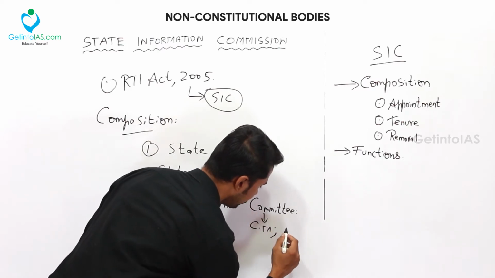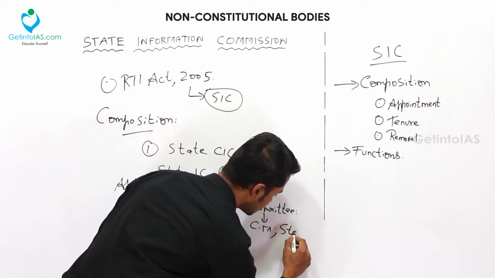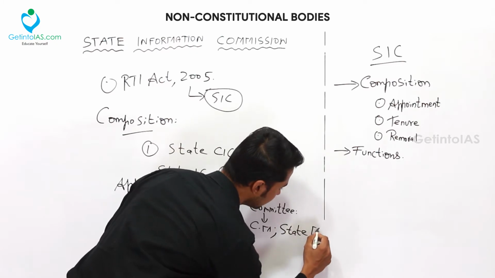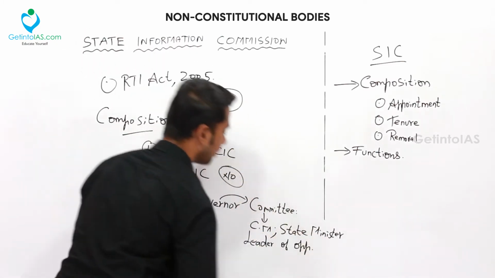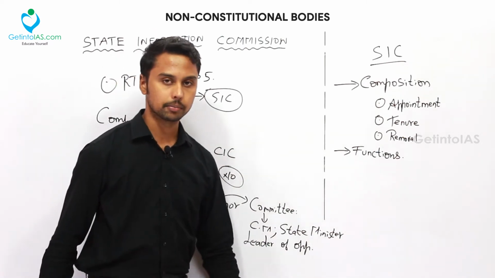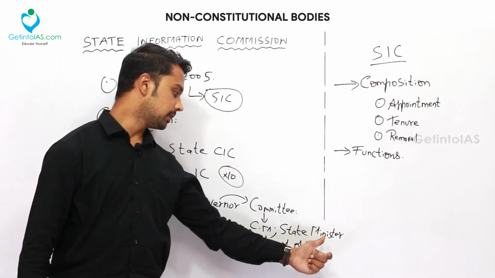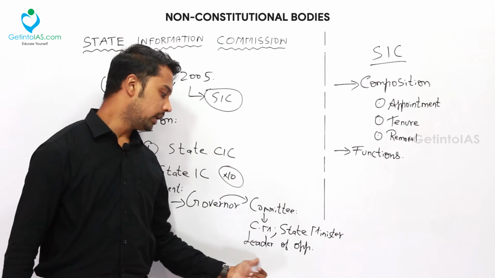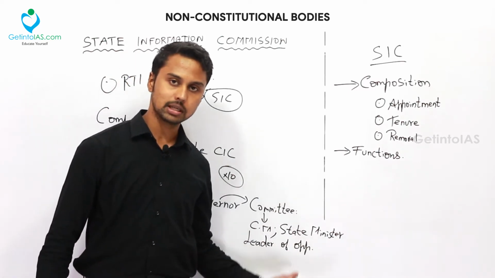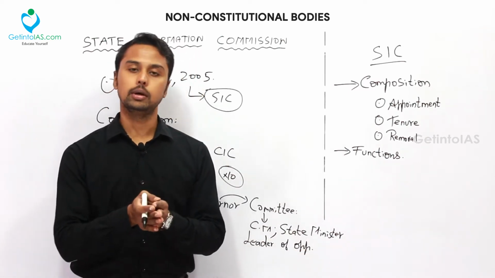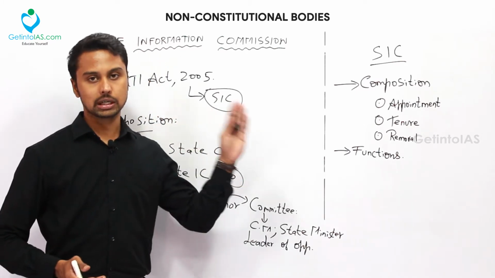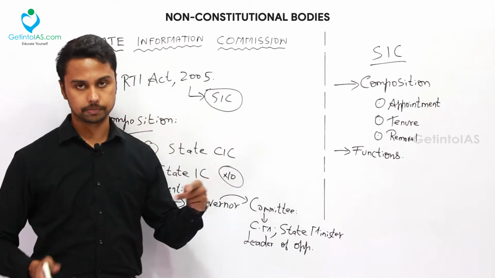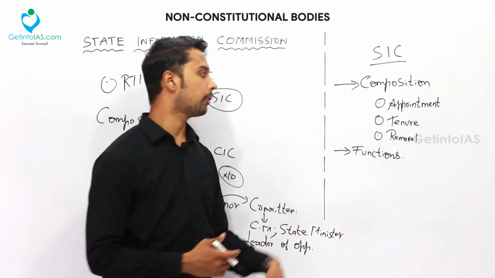The CM as head, a State Minister nominated by the CM, and the Leader of Opposition of the State Legislative Assembly. These three are present in the committee. Based on the recommendation of the committee only, your Governor can appoint both your State Chief Information Commissioner and State Information Commissioner. That is very clear about the appointment.